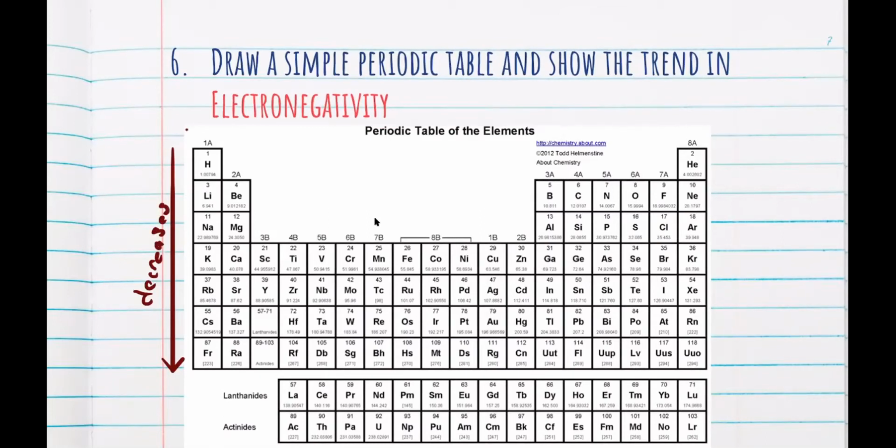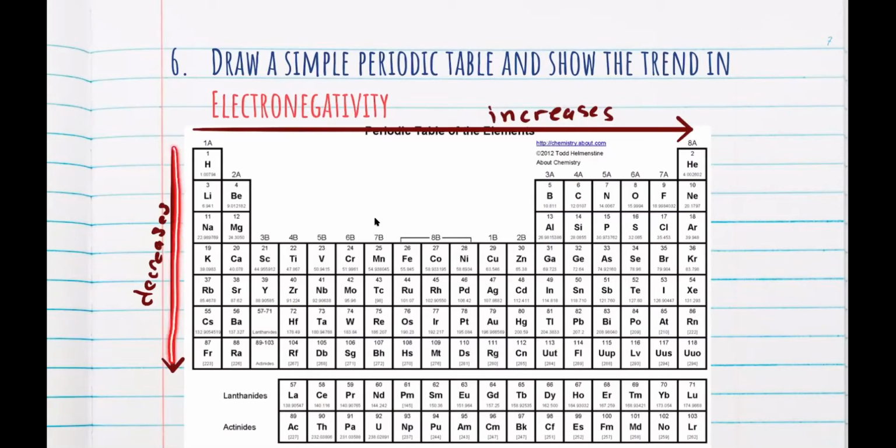As we move across a period, our electronegativity increases. Why do we see this trend? Well, remember, electronegativity is pulling an electron. So as we get bigger, it's harder for that positive charge to go reach out and pull another electron. However, as our atoms get smaller, it's easier for that charge to go out and reach another electron.